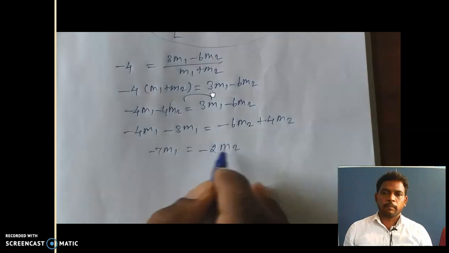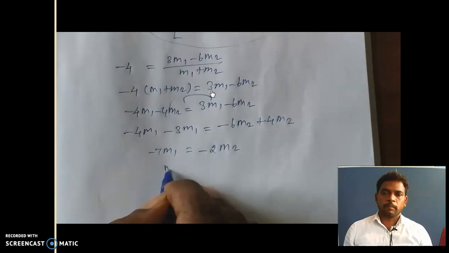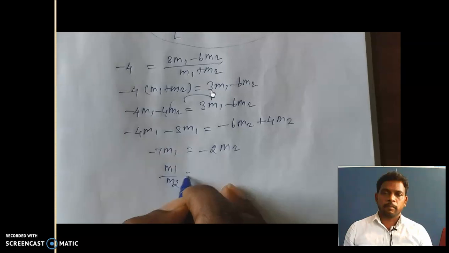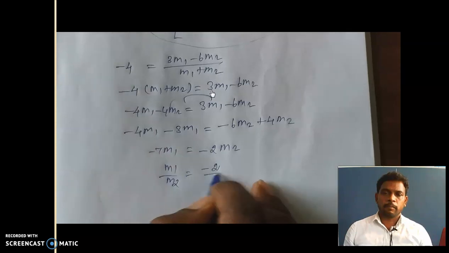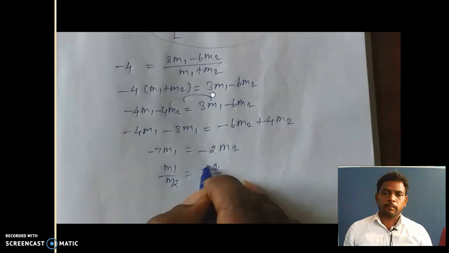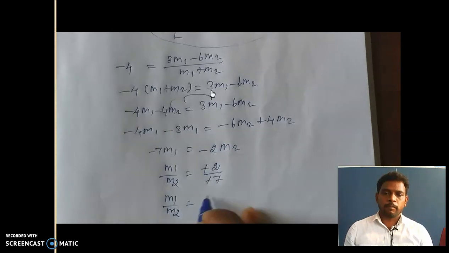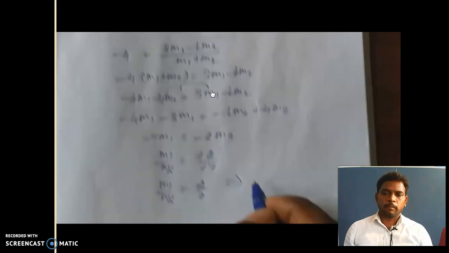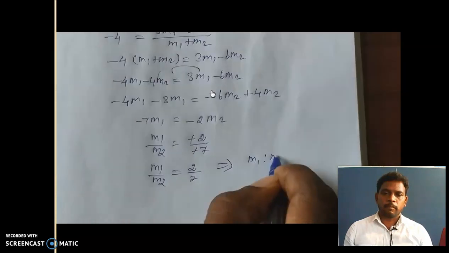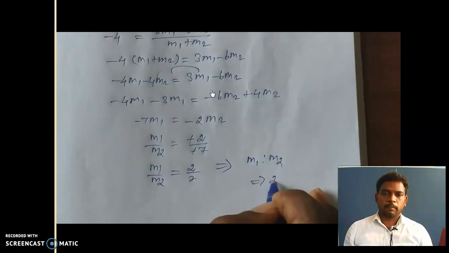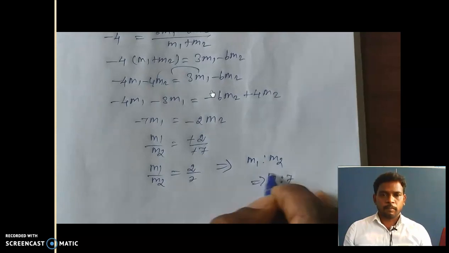Therefore m1 divided by m2 equals -2 by -7. The minus signs cancel, so m1 by m2 equals 2 by 7, which implies m1 is to m2 is 2 is to 7. So that is the required ratio.